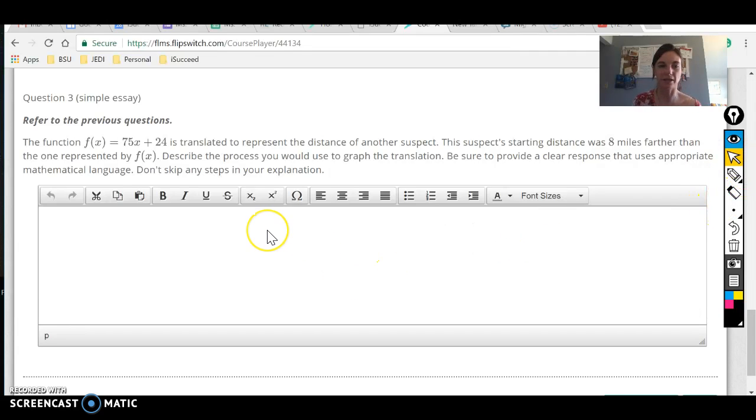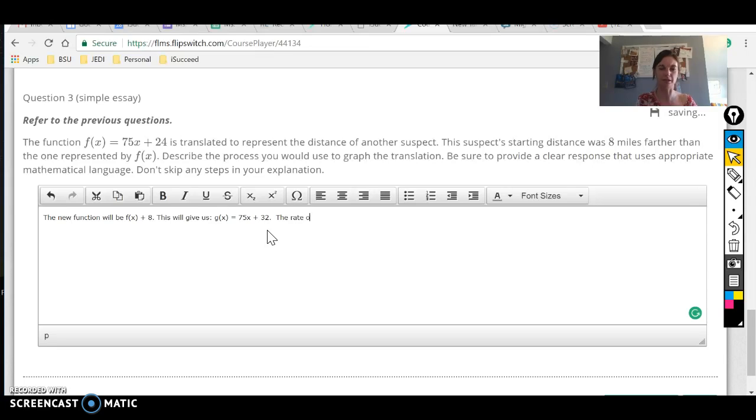Okay, so we can go ahead and type here: the new function will be f of x plus 8. This will give us g of x equals 75x plus 32.